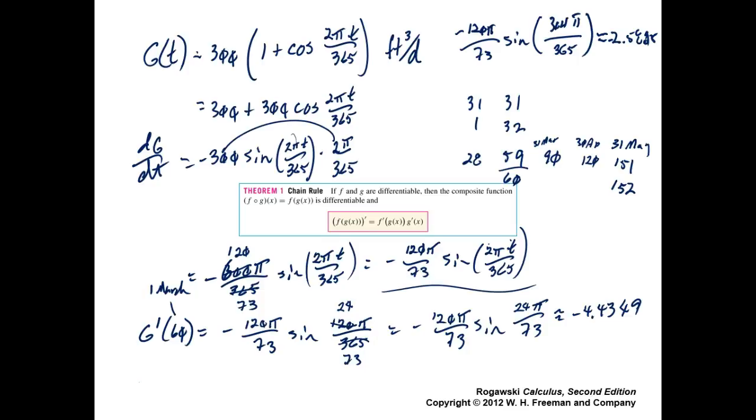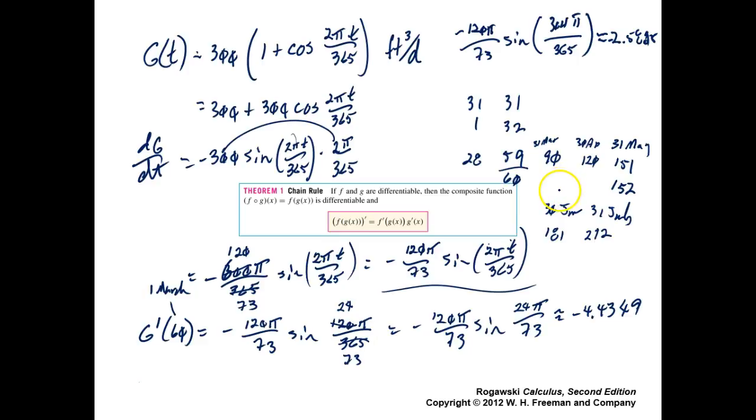All right, now we've got to go to September 1st. Well, 31st of May was 151. The 30th of June would be 181. The 31st of July would be 212, I believe, isn't it?